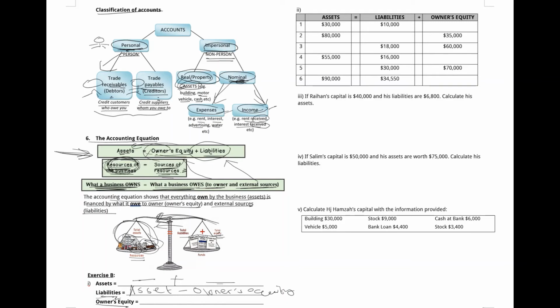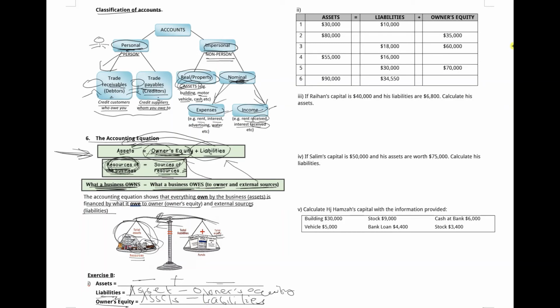If you are asked to find this, you move it over, and how does the accounting equation appear now? Owner equity equal to assets. Yeah, okay. So this one you move over. If you are being asked to find this, you move this over, so it becomes assets minus liabilities.